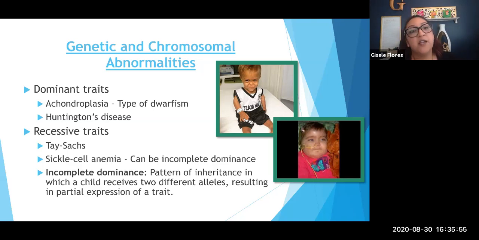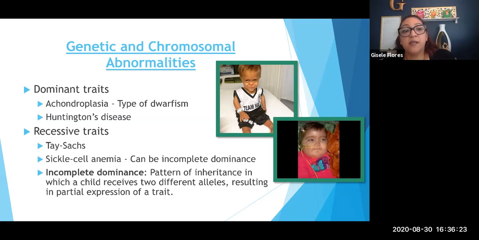They only needed one. So let's say their mother passed on a dominant allele, but their father didn't. Because they have the one dominant allele from their mother, they had the chance of having dwarfism or achondroplasia. The same with Huntington's disease, that same process. And I'm going to show you a visual in a second.